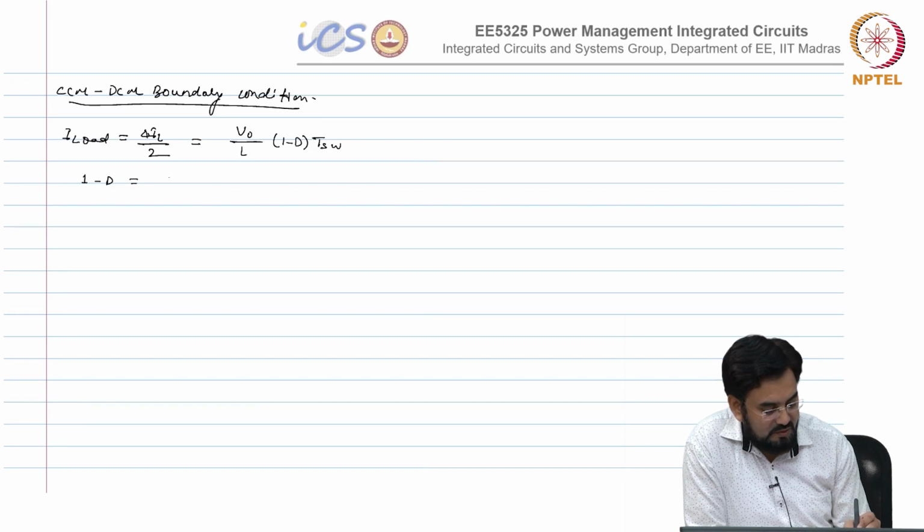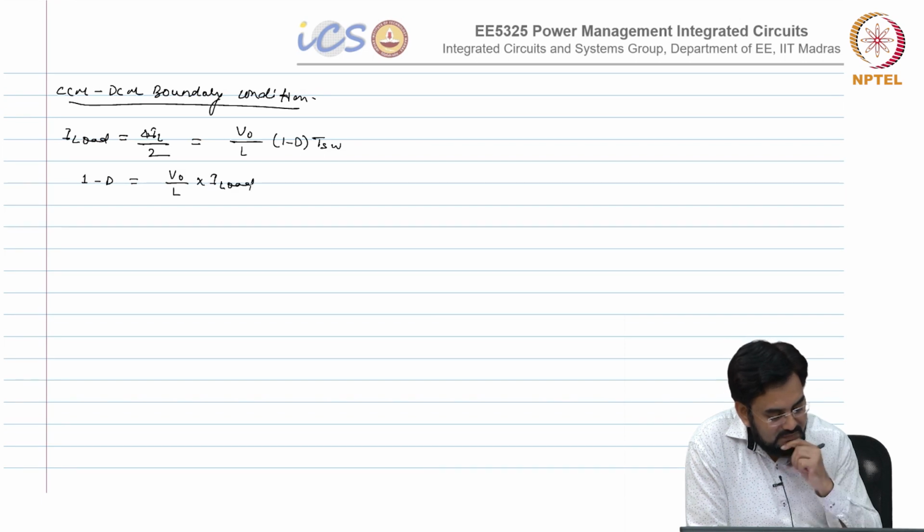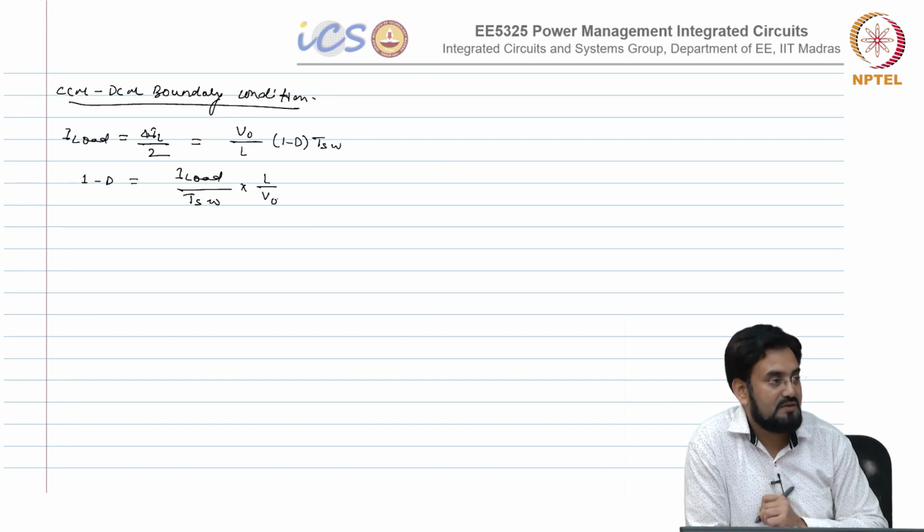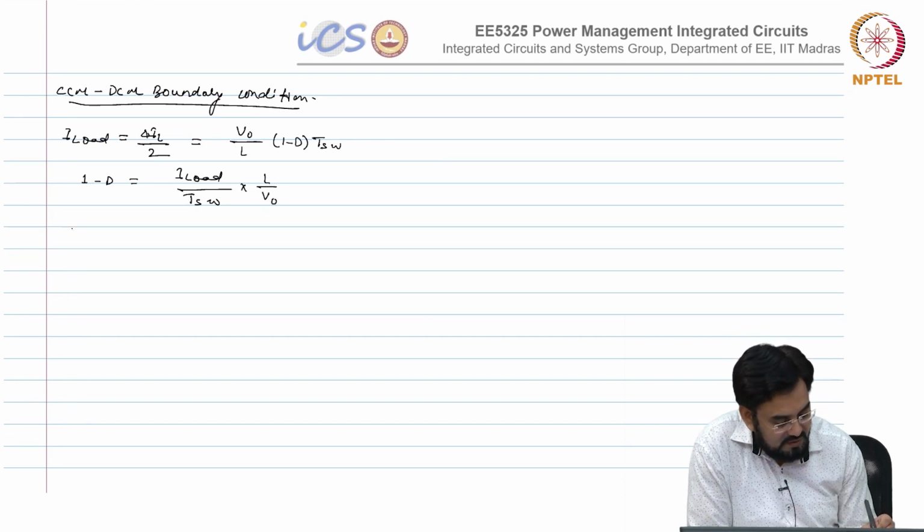1 minus D is I load over L into, sorry, I load over TSW into L over V out, correct. And what is V out? What is I load?